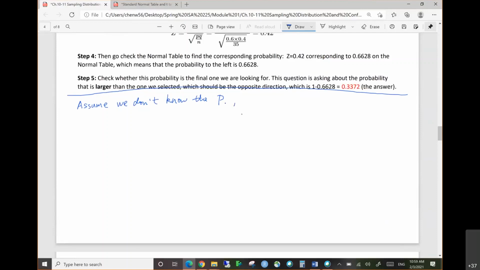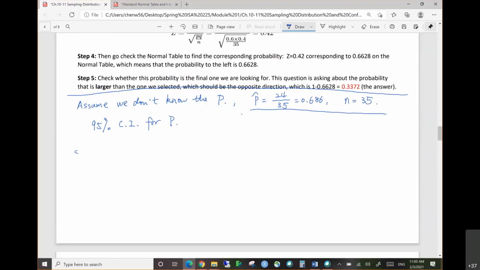Instead, we only have the information about the sample. The sample proportion, which we have already talked about, is 24 over 35, which is 0.686. We have our sample size, which is 35. If we only have the information about the sample, we want to get a 95% confidence interval for the population proportion P. What can you do with it?